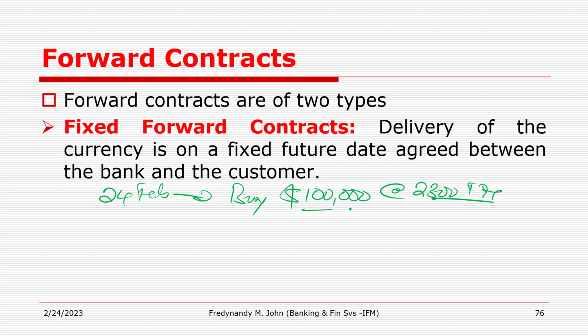But this deal will be fulfilled or will mature on the 30th of April 2023. Now, if it's a fixed forward contract, it means only on this date the deal will take place, that the customer will buy this USD on this date.